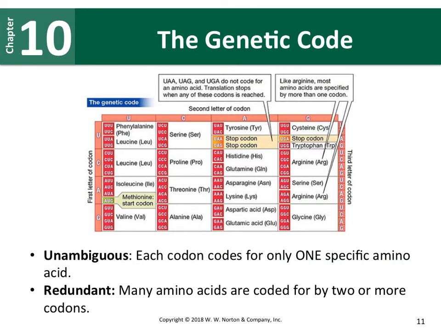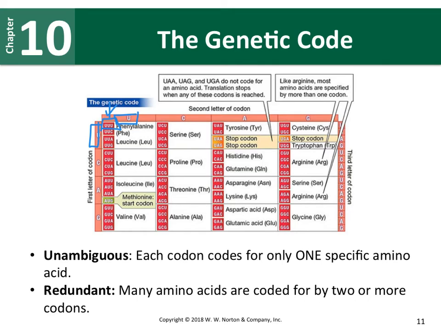Here's our chart. The first letter of the codon, if it's a U, and the second letter is a U, and then the last letter is any of these guys in here, so UUU is phenylalanine. UUC is also phenylalanine. If you look, UUU does not exist any place else on this chart.